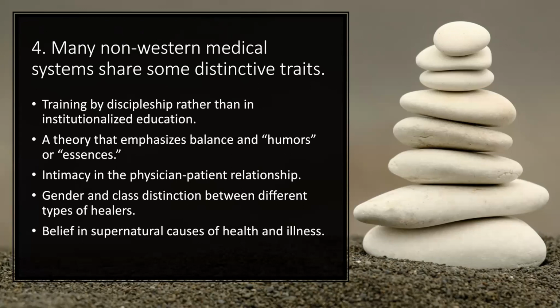They often also have the characteristic that was pulled out of Western medicine in that 19th century transformation: greater intimacy and more time spent in the patient-physician interaction. That's not a universal, of course. None of these are universals. They do have gender and class distinctions between different types of healers, which is also in biomedicine, obviously.